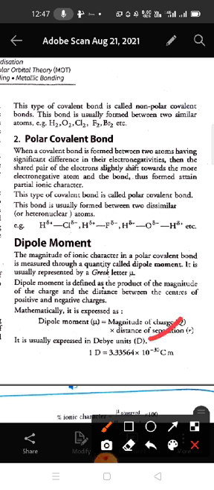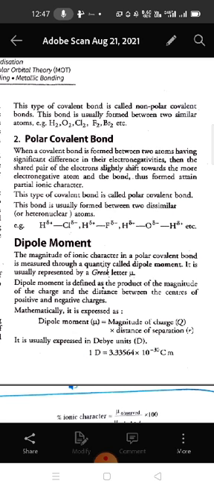Its unit is debye, and 1 debye is equal to 3.33564 into 10 power minus 30 coulomb meter.